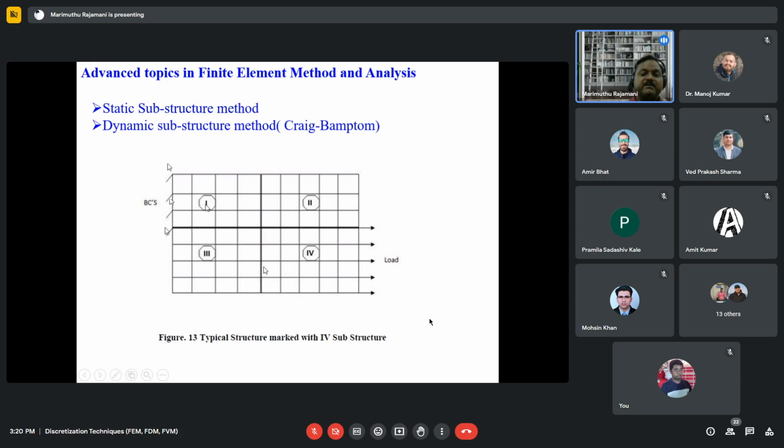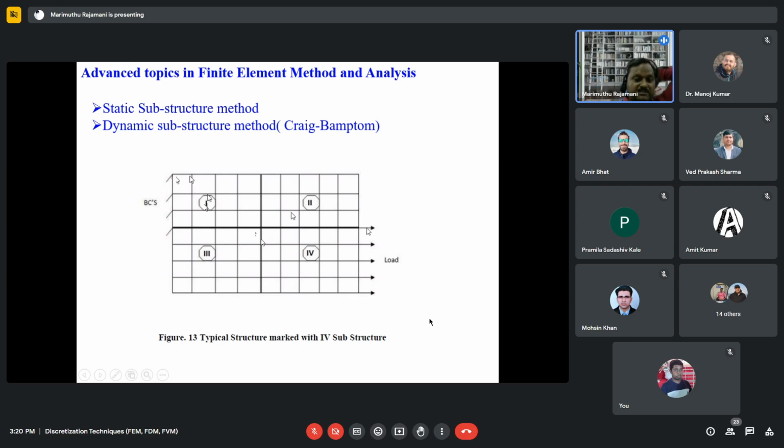Similarly, you end up with this, and then these stiffness matrices are assembled and solved to get the nodal displacements of this. And using the eliminated equation, you can arrive at the interior of the subdomain or substructure, and then you can evaluate the stresses and strains in the interior.